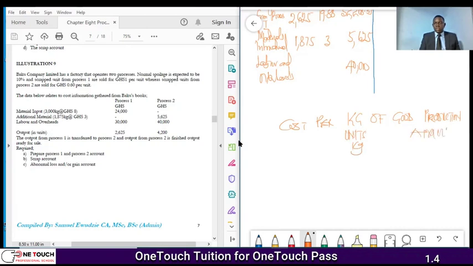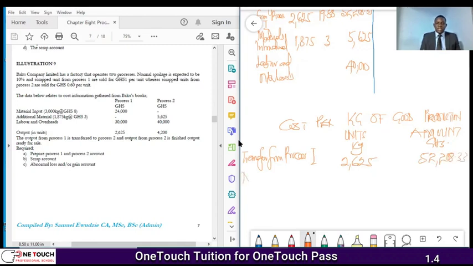We have the transfer from process one, a total of 2,625 at a cost of 52,208.33.